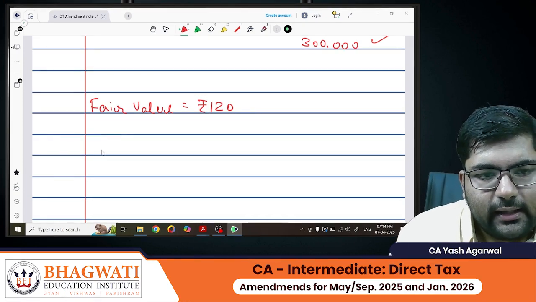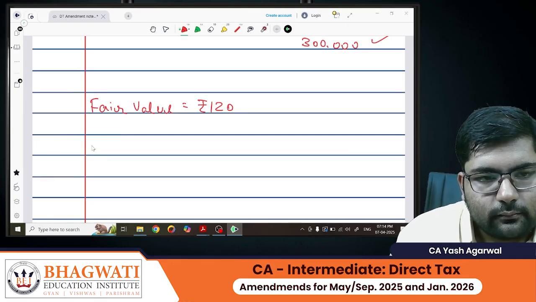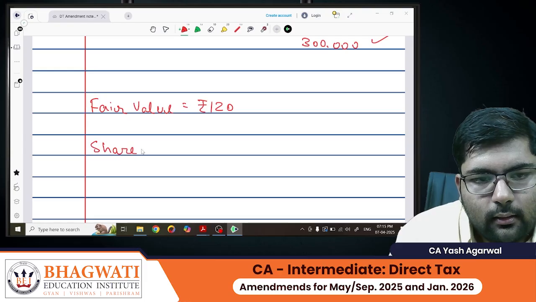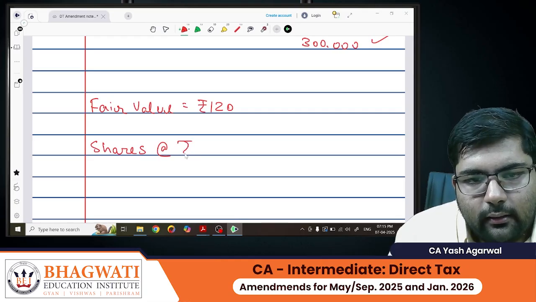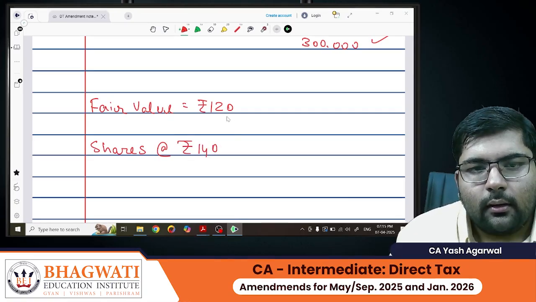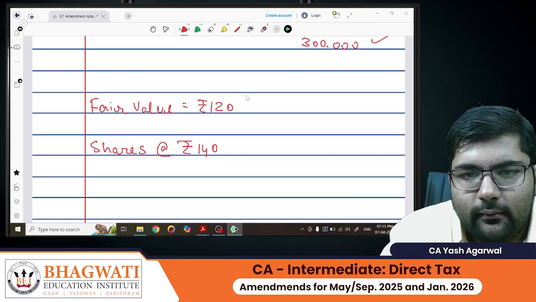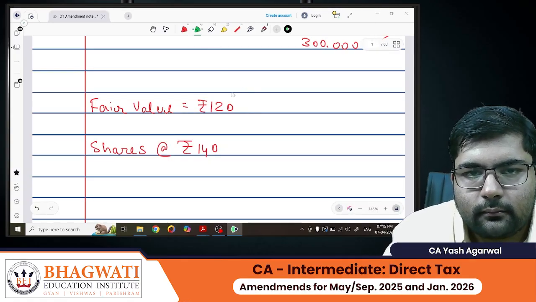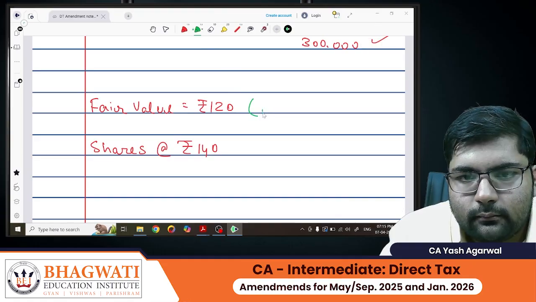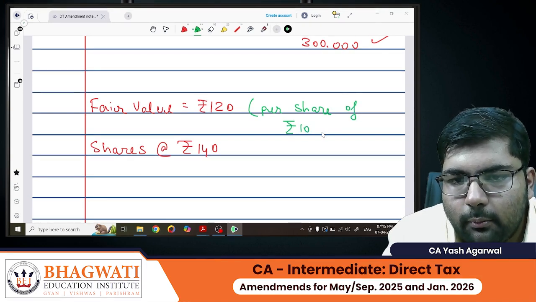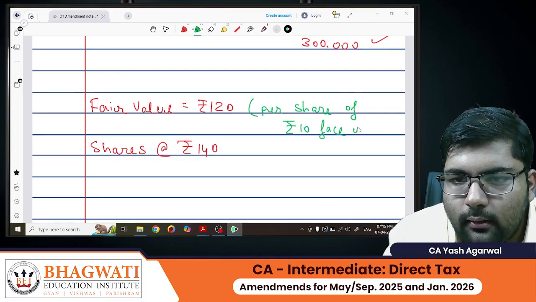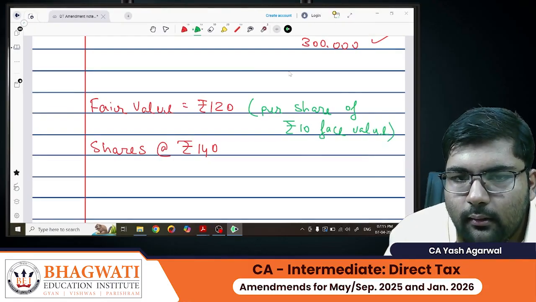This company issued shares at a premium, at the rate, the fair value is rupees 120 per share of rupees 10 face value.